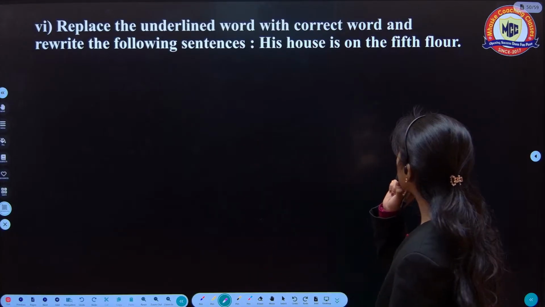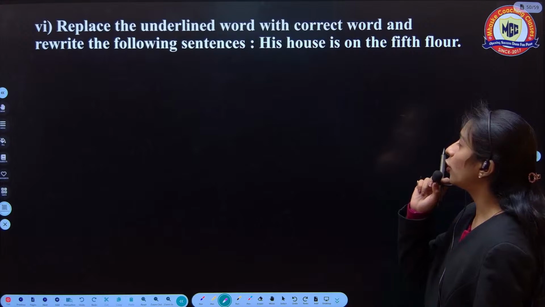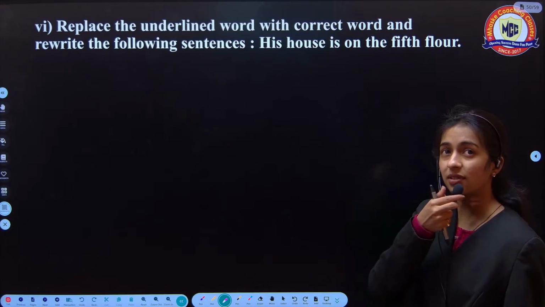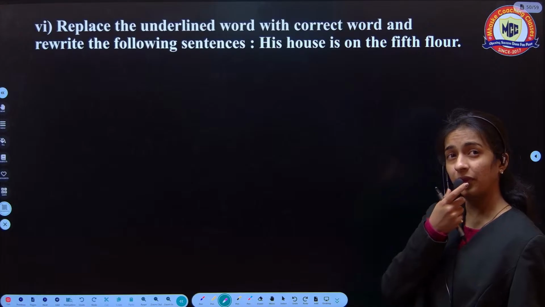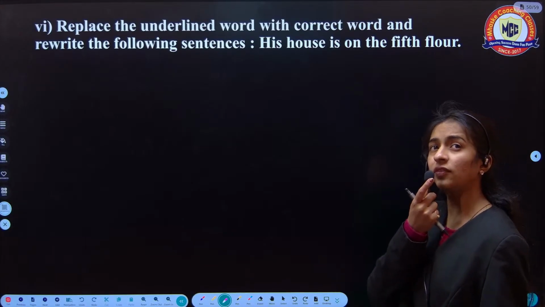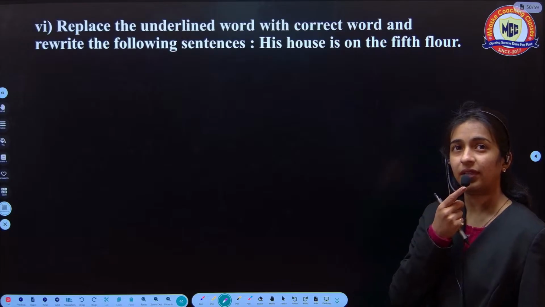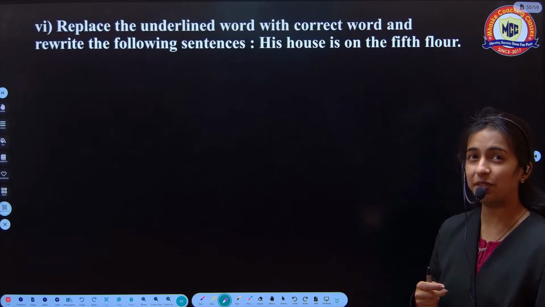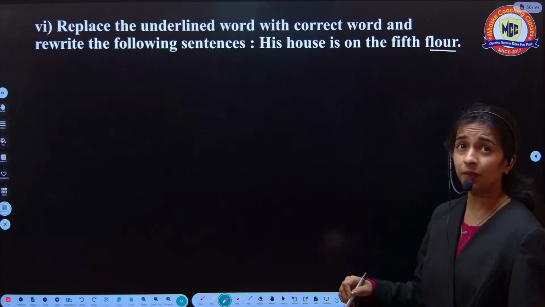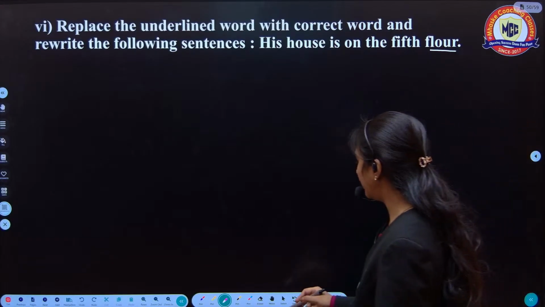Now here, his house is on the 5th floor. Oh God. So can you guess which one is the wrong spelling? His house is on the 5th floor. Yes, absolutely. So floor is the wrong spelling and you have to correct that.